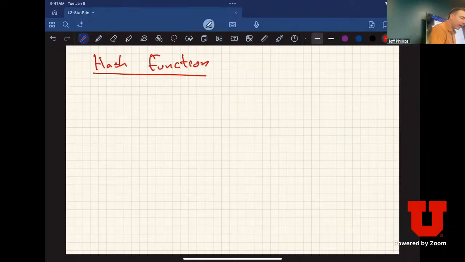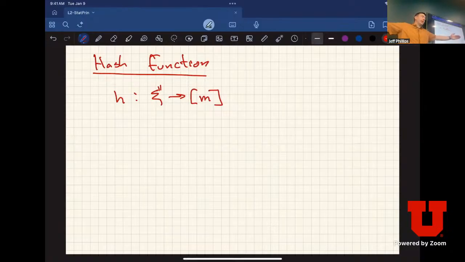But what I want to mention for a hash function, like if you have a hash table, a hash function is a map that goes from some sort of abstract universe, usually of strings, and this maps to some universe. So now I can think of my 0 to m minus 1 as an array, which I'm indexing into. And I can put, say, a counter in each cell of the array.